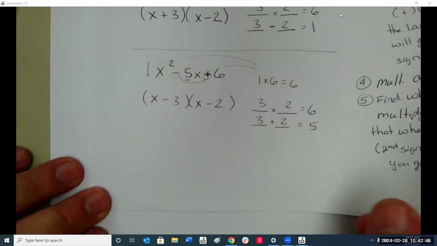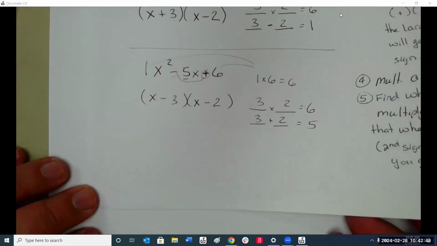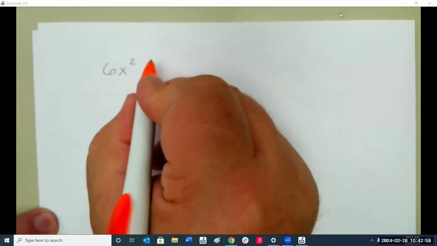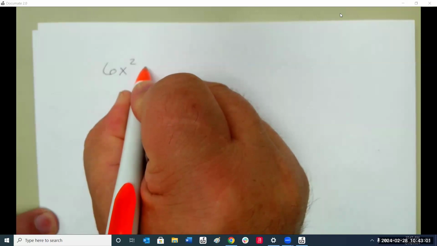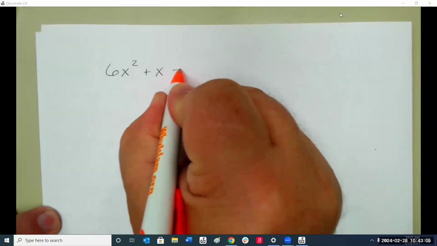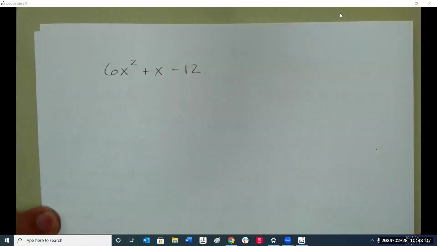So, okay, everybody ready? So here's the next one. 6x squared plus x minus 12.